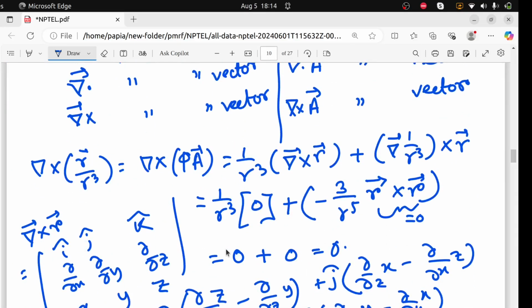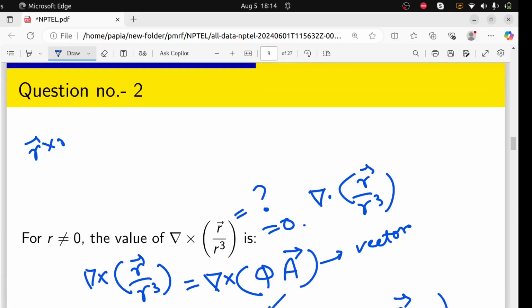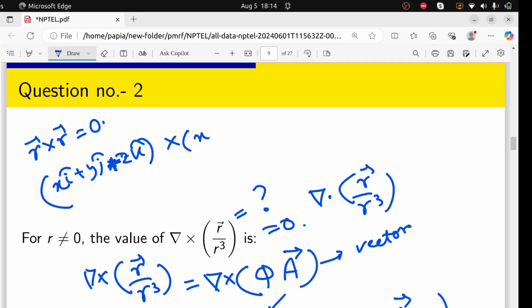Because both terms are coming as 0, our result will be 0. And r cross r, how is it coming as 0? Because x I cap plus y j cap plus z k cap, then cross x I cap, y j cap, z k cap, right?